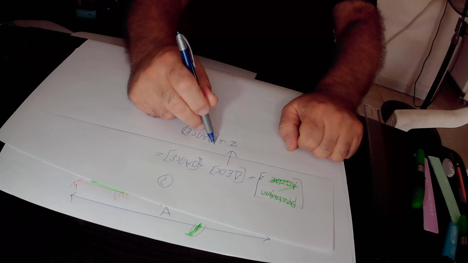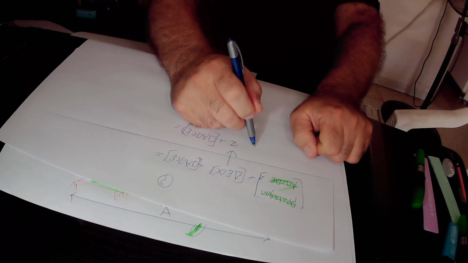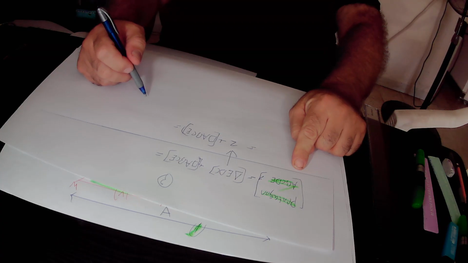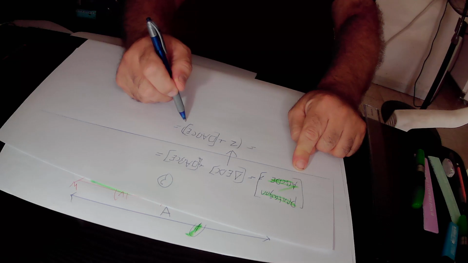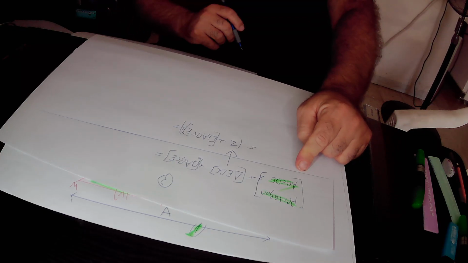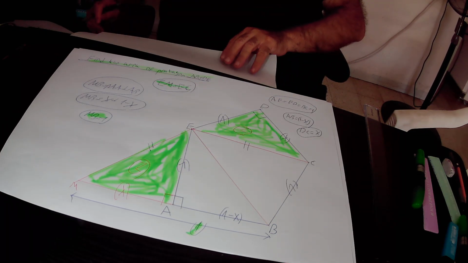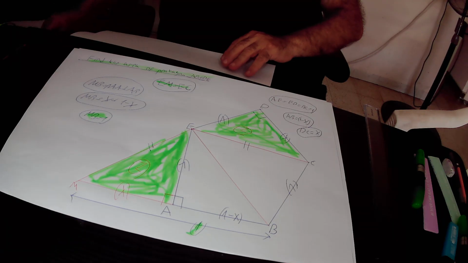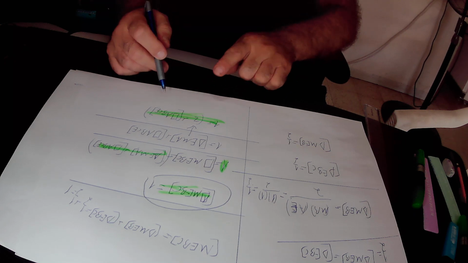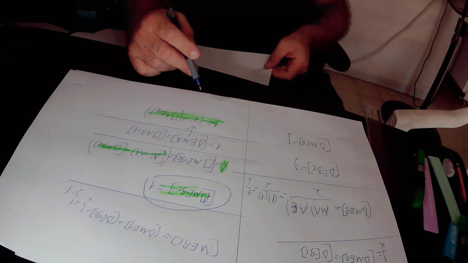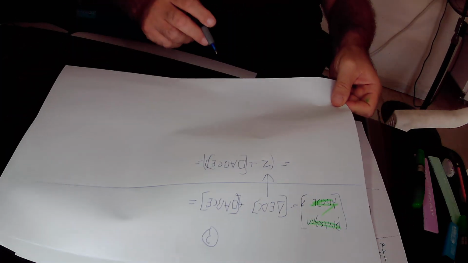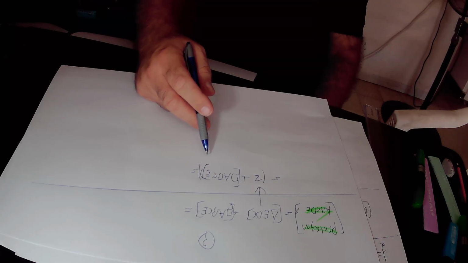So in total, we found out that the area of the big pentagon ABCDE is equal to Z plus the area of quadrilateral ABCE. But we already found out that Z plus the area of quadrilateral ABCE is equal to 1 square unit.